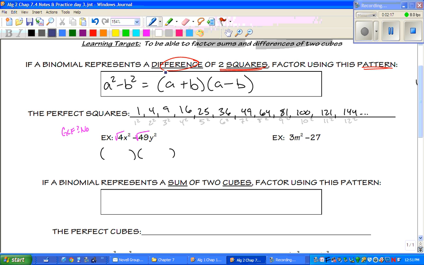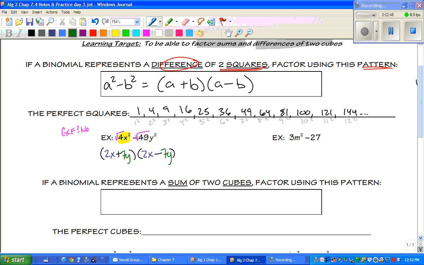So 4x squared gives us 2x and 2x. One of these is plus and the other is minus. And then the square root of 49 is 7, and the square root of y squared is y. So that's where we get 2x plus 7y and 2x minus 7y.